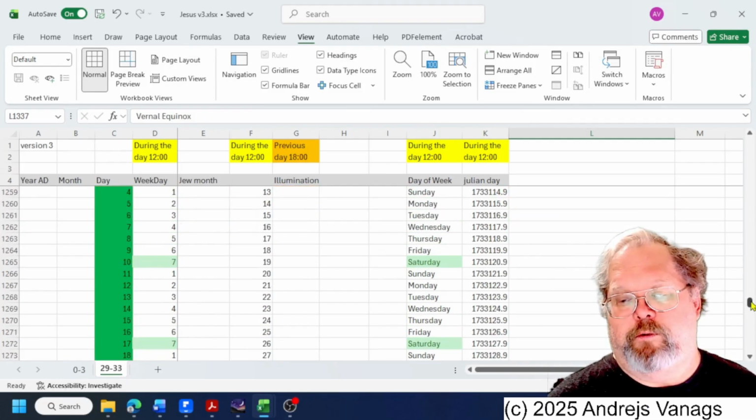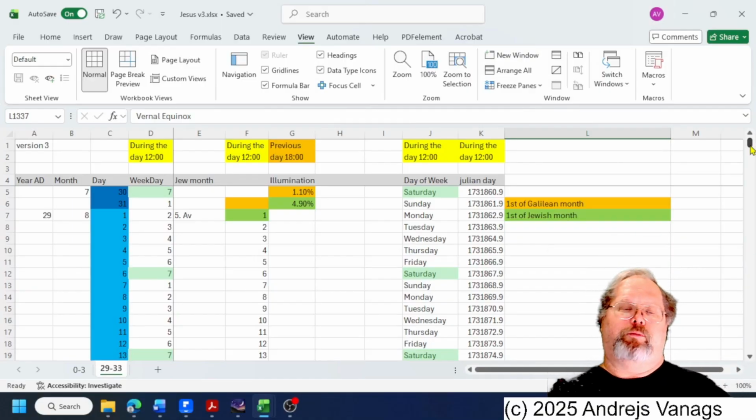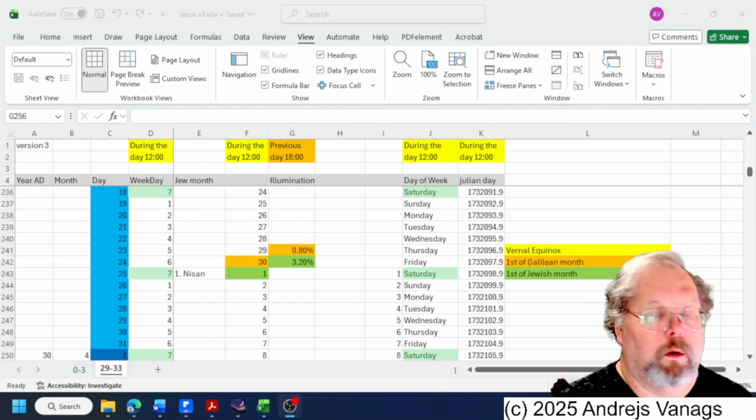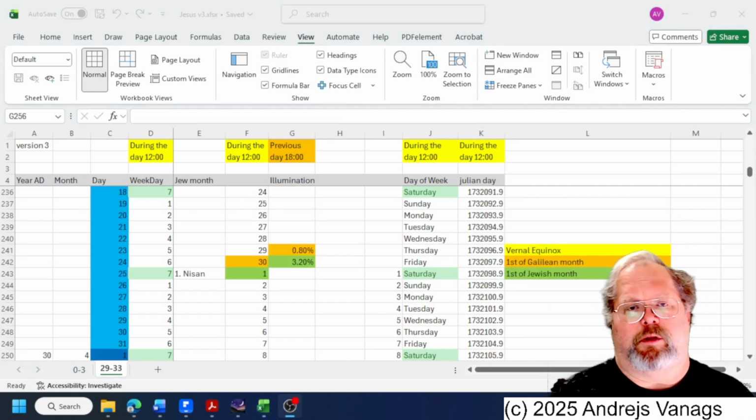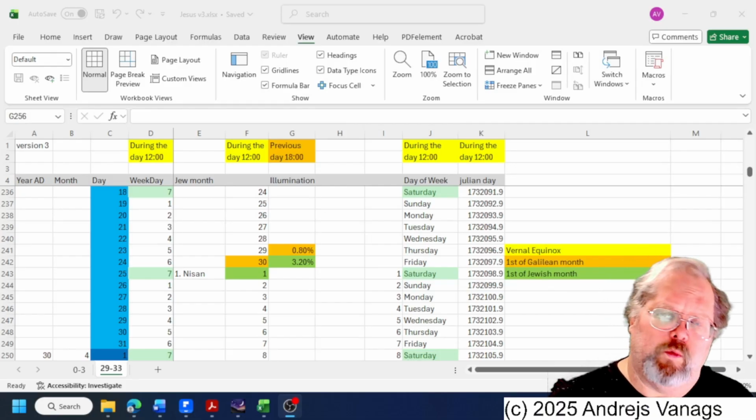Now that we know the vernal equinox, we were told also in prior episodes that the full moon of Nisan, the full moon of the first month of the year, had to be after the vernal equinox. One of the interesting things about the Jewish calendar is that it was a lunar calendar, which on average was 29.5 days.